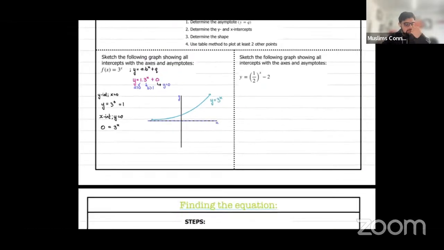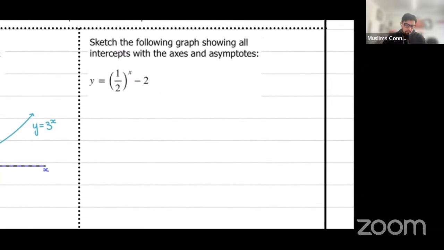Okay, let's have a look at this. Sketch the following graph with all the intercepts and asymptotes. So remember the normal equation is what? Y is equal to a over x plus q. That's the hyperbola. For the exponential, y is equal to a times b to the power of x plus q.